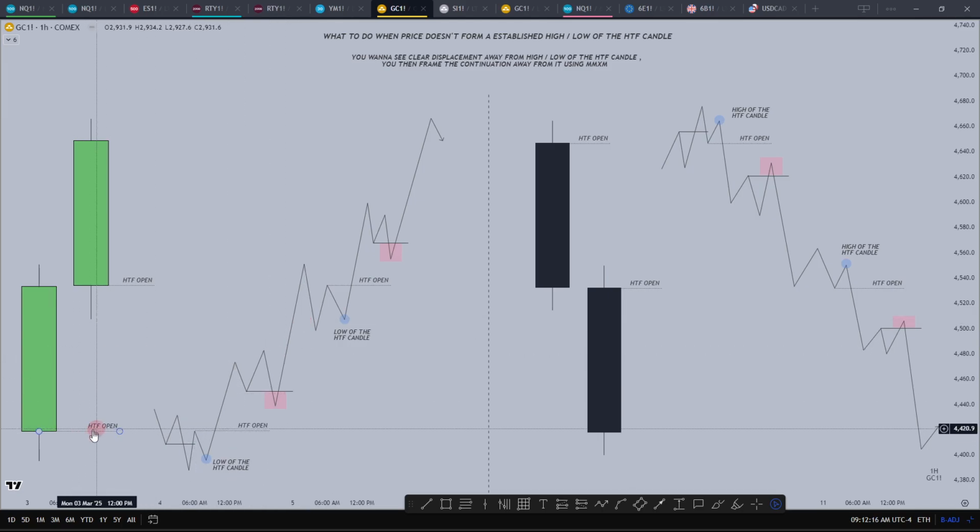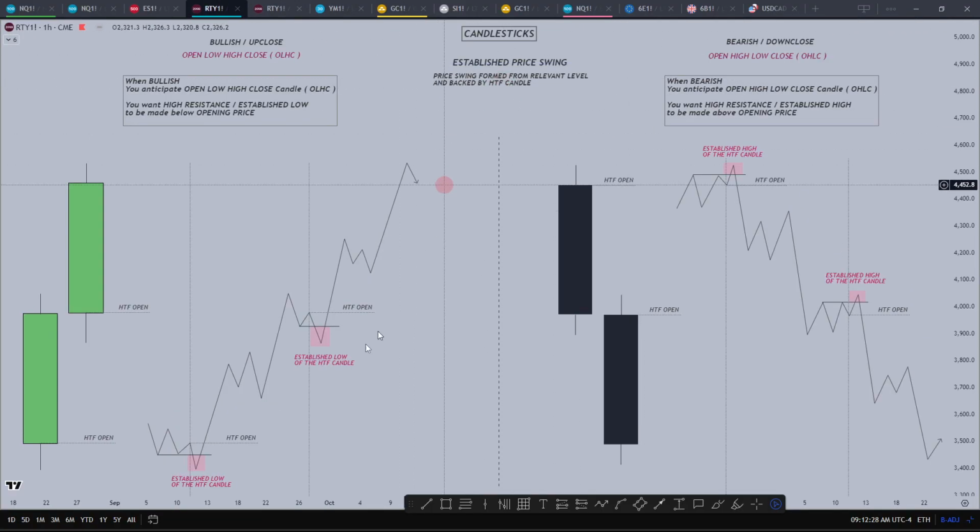So price forms unprotected lows as the low of high time frame candles as well. What to do when price doesn't form an established high or low of the high time frame candle? We talked about this here: trading away from the established high or low of the candle, right?